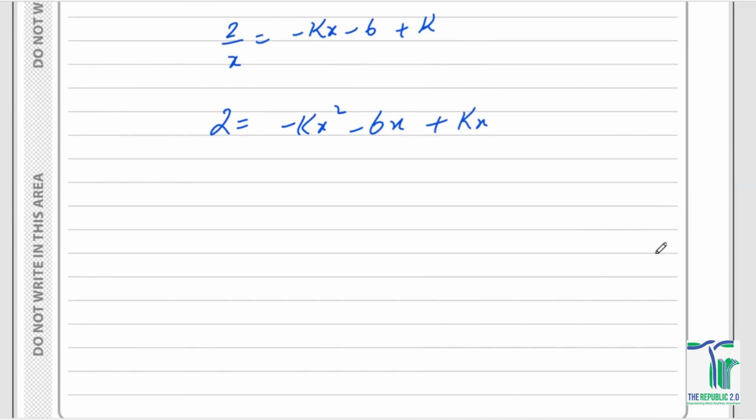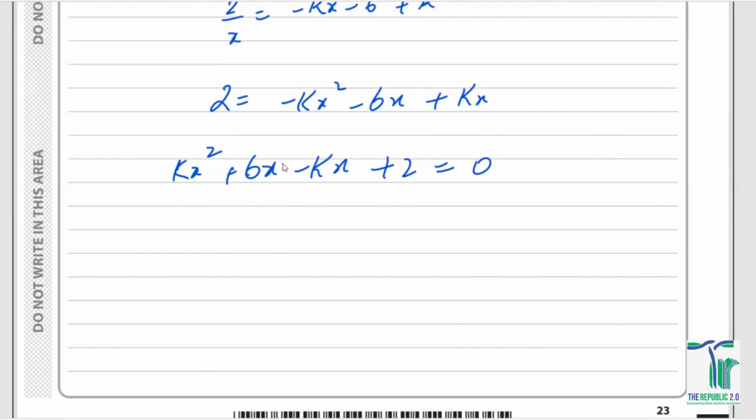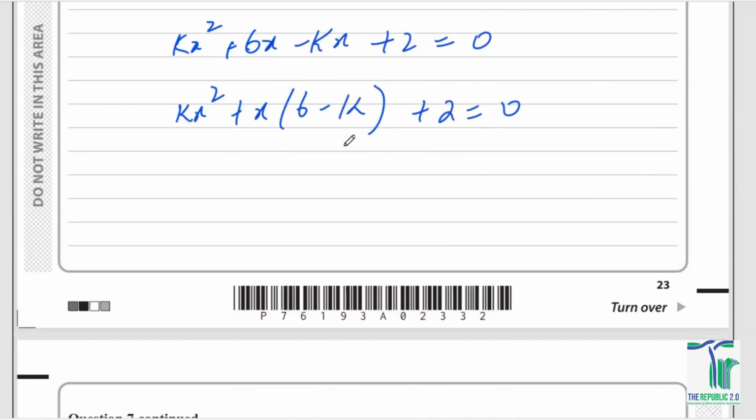And right after that, I'm just going to move this kx square over here. I would be having kx square plus 6x minus kx plus 2 equals to 0. And I can rewrite that equation, which would look like kx square plus x times 6 minus k plus 2 equals to 0. Now, since it is given that both the lines are intersecting at 2 points, so what does that mean?